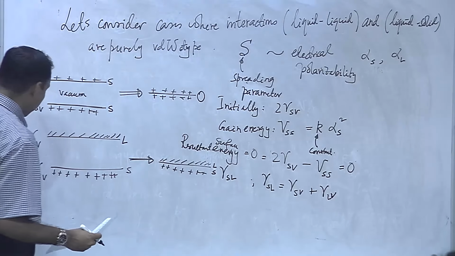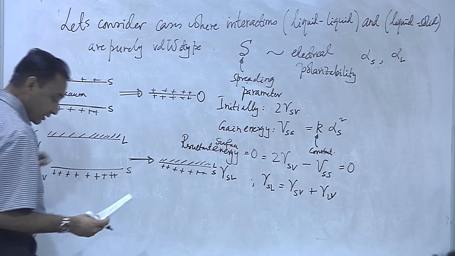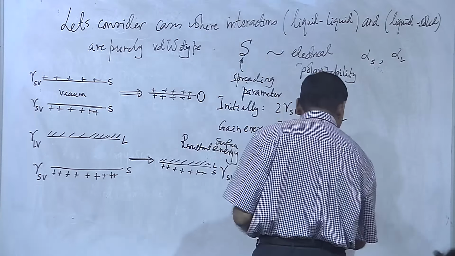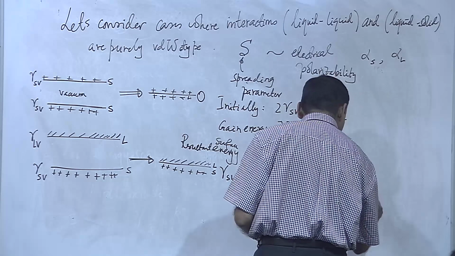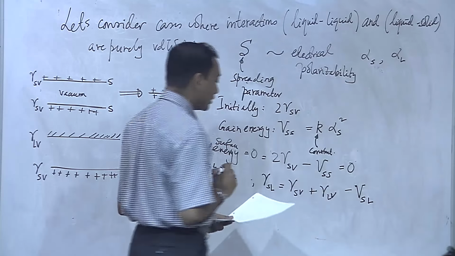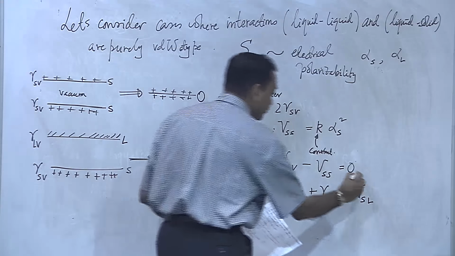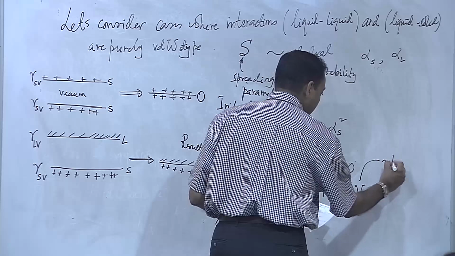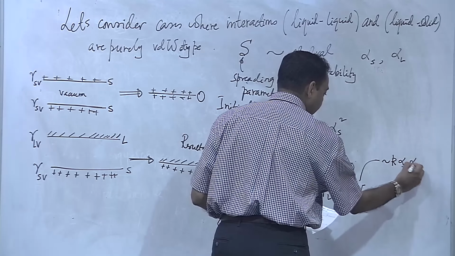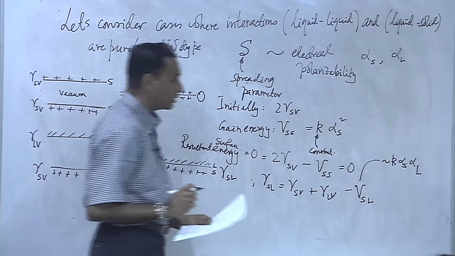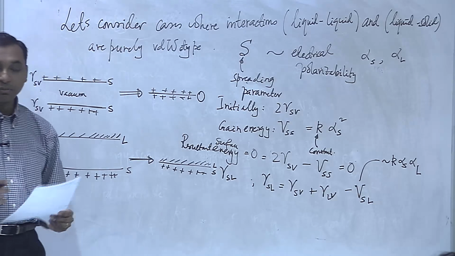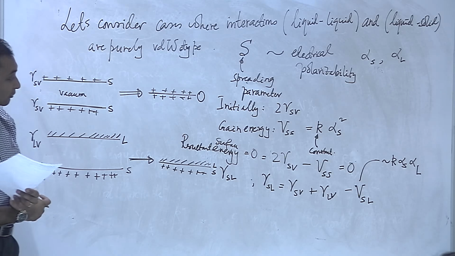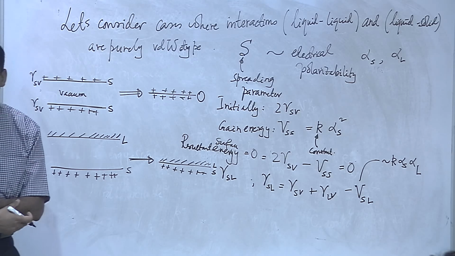So, gamma LV and gamma SV, the initial energy, they interact purely by the van der Waals force, which is VSL in this case, the van der Waals interaction, and this van der Waals interaction is proportional to some constant times alpha S alpha L, because they are solid and liquid. So, it is proportional to the polarizability of each of the solid and the liquid. Okay. So, I can have another equation of this.